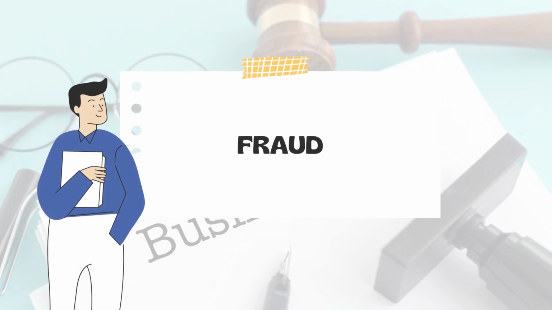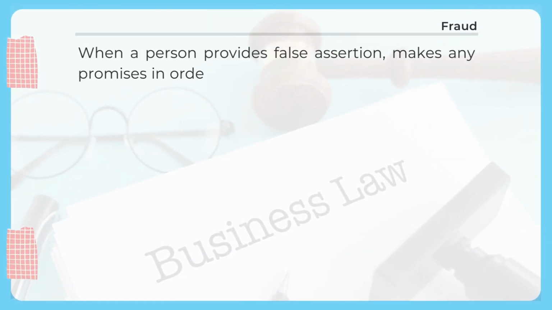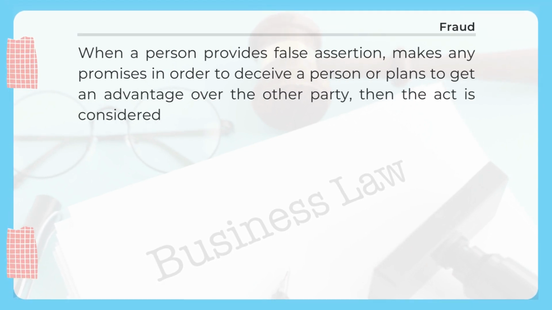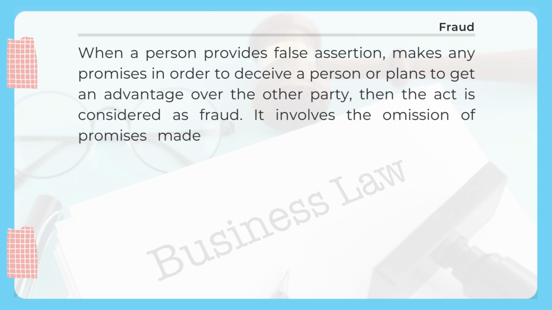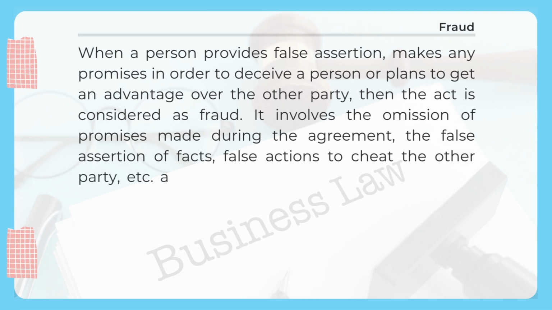Another very important aspect is fraud. When we talk of fraud, it is when we have an intention to cheat or deceive someone. Another important factor of free consent is fraud. When any person provides false information, false assertions, makes wrong promises to cheat a person or plans to get an advantage over the other party, then this act is considered fraud.